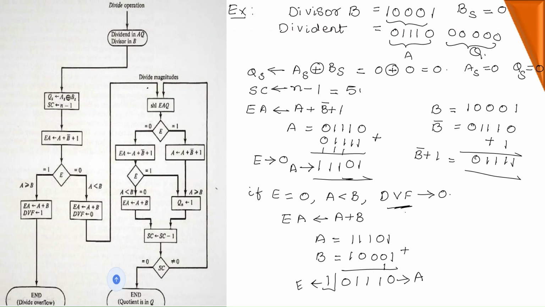We continue with the next part of the flowchart, and DVF is set to 0. We'll start with dividing the magnitudes. So all this was the check for an overflow condition.